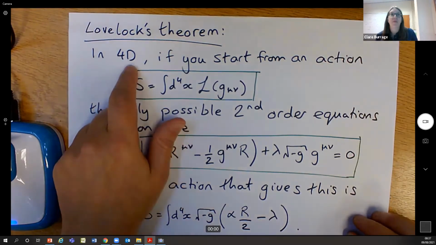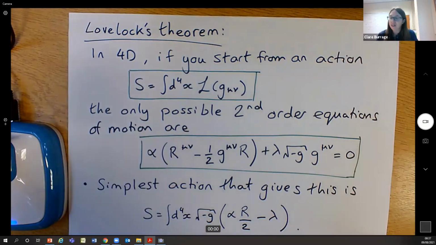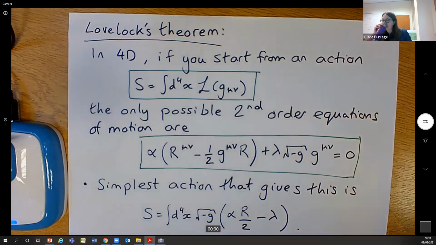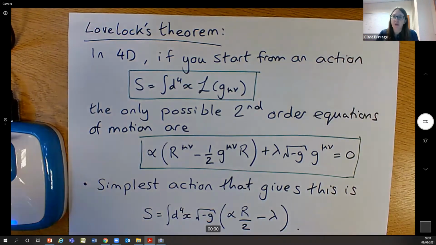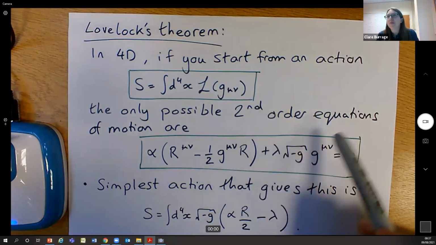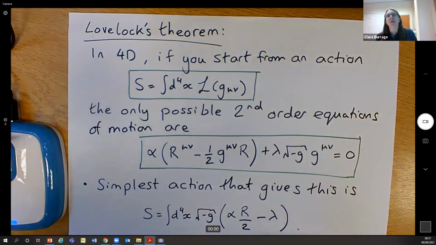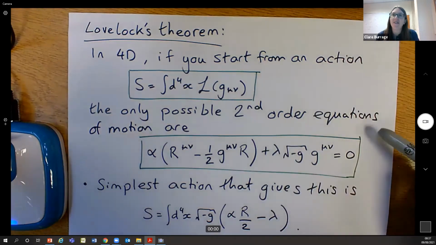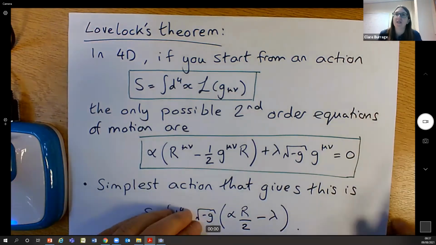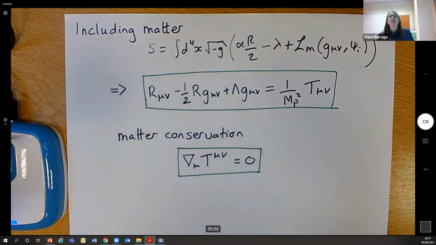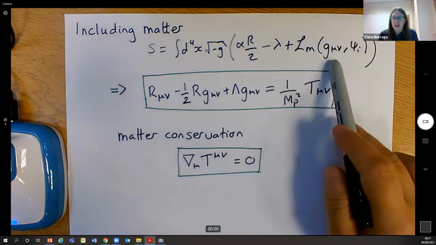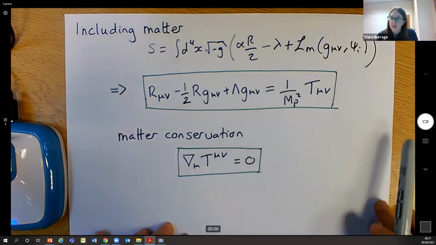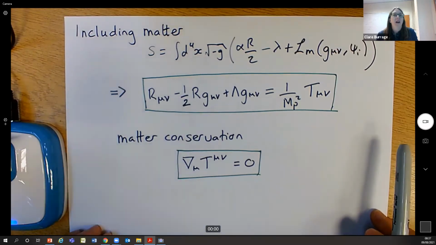We could give up the idea that we live in 4 dimensions, which would certainly maybe go in a string theory direction, perhaps. We could give up starting from an action principle. Maybe we can live with ghosts in our theory and we don't need to insist on second order equations of motion. Or maybe matter doesn't couple universally to gravity.